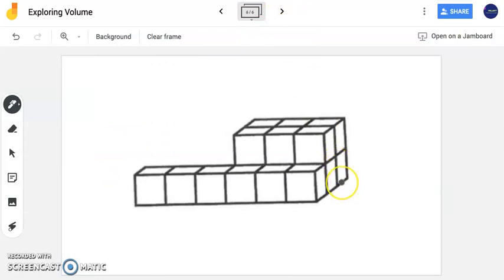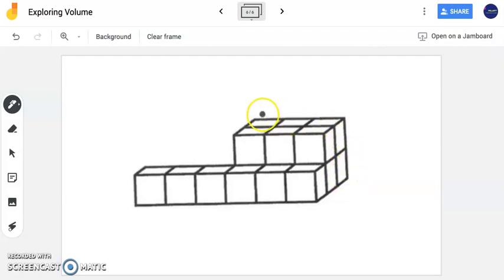Now in this last one, I have a rectangular prism here, and then I have a part that's not exactly there. So I'm going to look really closely and see what's given to me. I'm going to deal with this first part here. I notice that I have 2 layers here as my height, but notice here only has 1 layer as my height. So therefore here I'm going to start by counting 1, 2, and then I see 3, 4, 5, 6 has to be the part that I can't fully see.